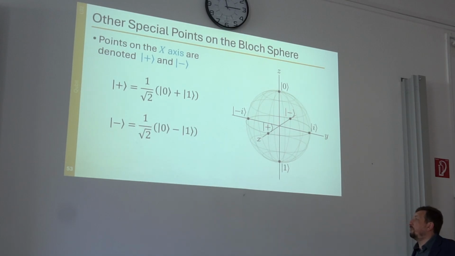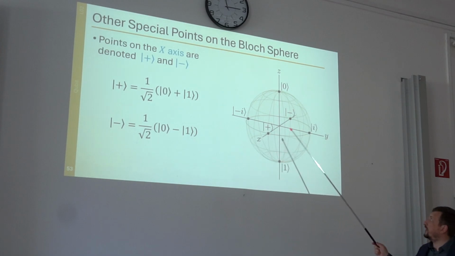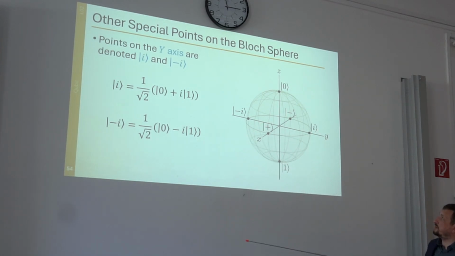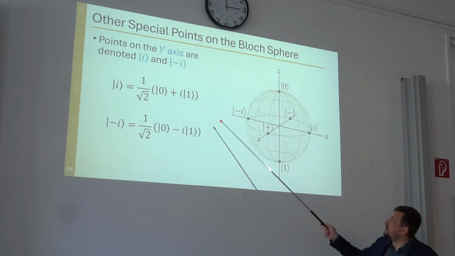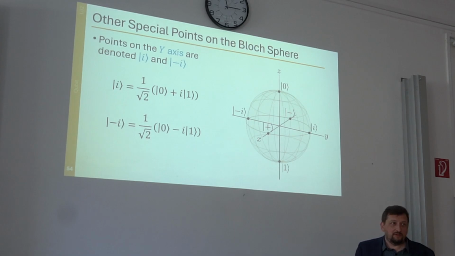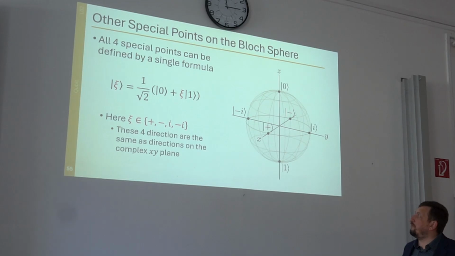And there are states along the y-axis, or y-basis states, for which the phase is plus i or minus i. These states are useful to remember because many quantum algorithms use these notations and introduce the states without further explanation. You have to remember all the states.